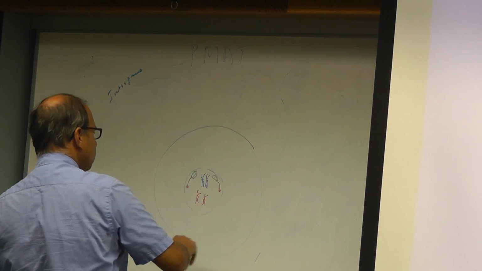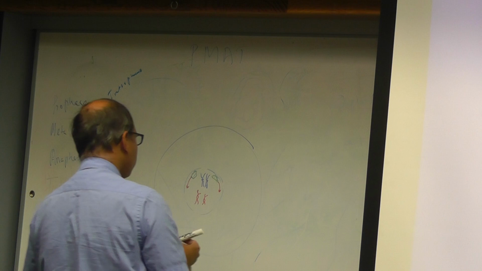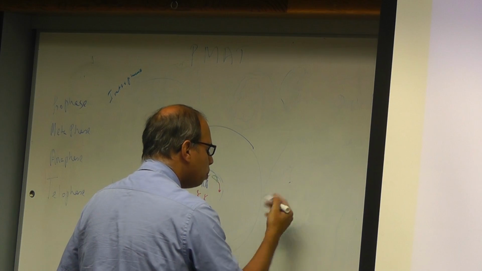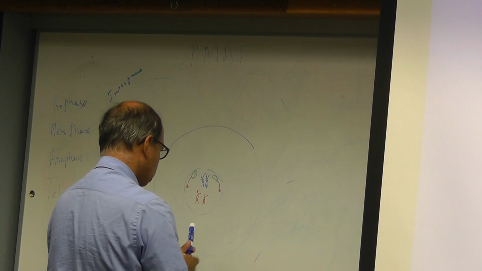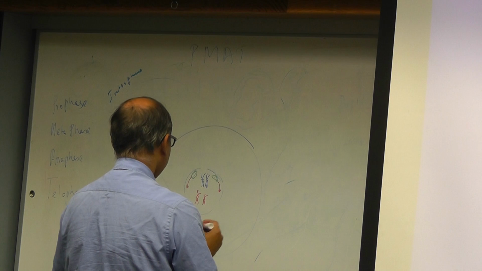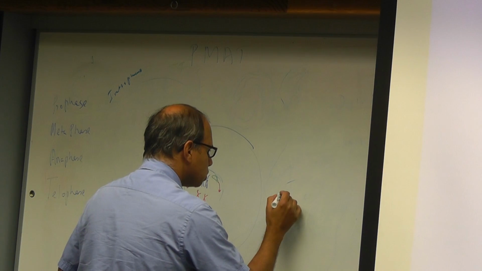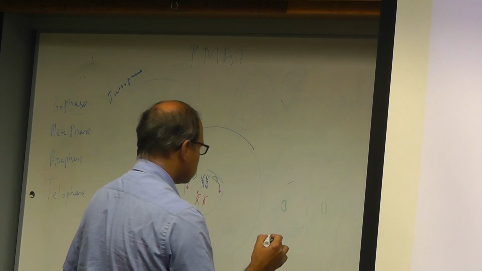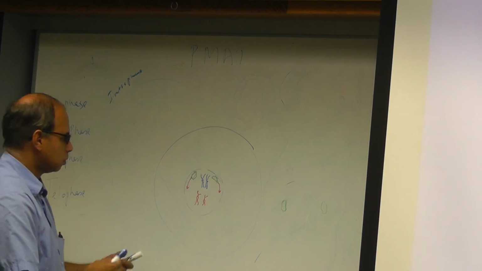And I'm going to leave the rest of the cell alone right now and just draw the nucleus part. So now the membrane is gone. Okay, what you have is the centrosomes sitting at opposite ends, and then this is the magic.